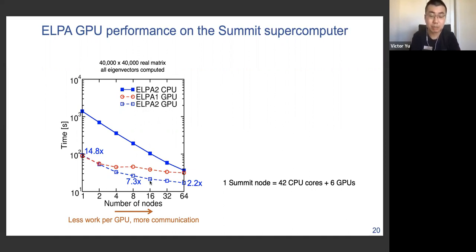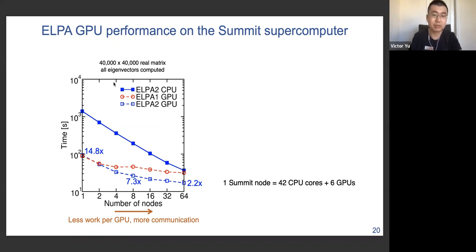We can see that by using GPUs, both ELPA 1 and ELPA 2 outperform the CPU-only version. And the advantage of the two-stage algorithm is that it shows better scaling, which means that when we increase the number of nodes, ELPA 2 is going to be more efficient.